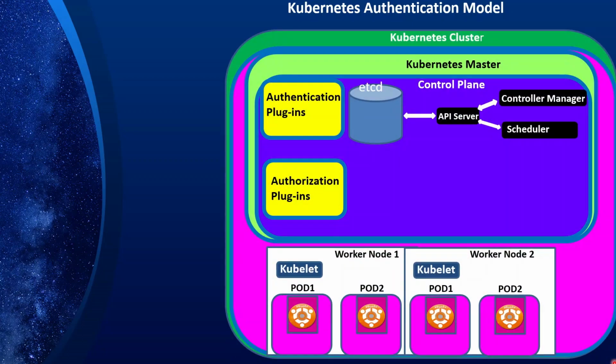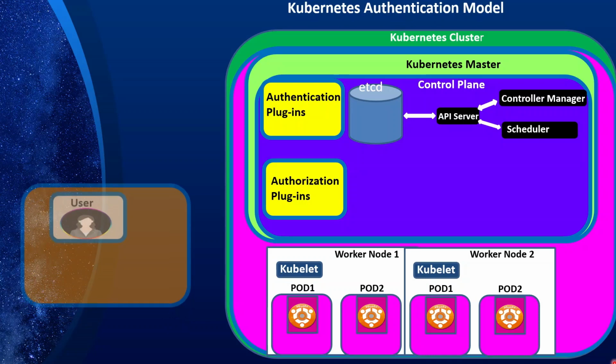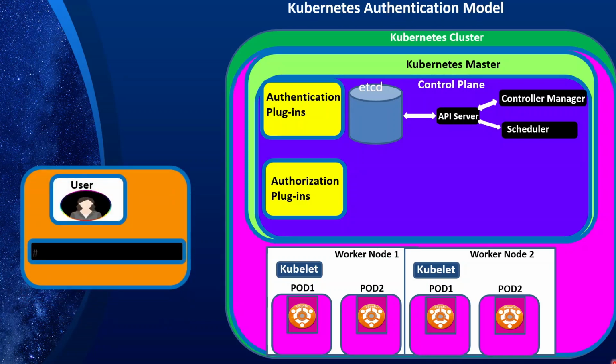So let's take a quick look at the Kubernetes authentication model. Every request that comes into the API server, such as a user interacting with the API server, a pod wanting to talk to the API server, or a worker node wanting to interact with the API server, the requester needs to be authenticated.